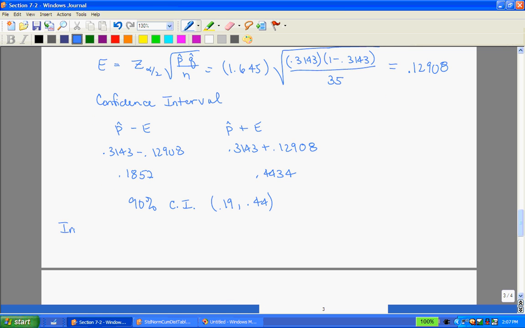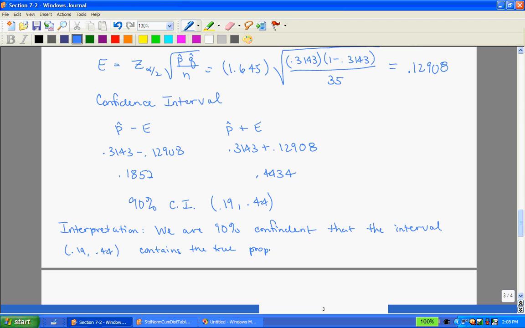So my interpretation: we are 90% confident that the interval 0.19 to 0.44 contains the true proportion of households who pretend not to be home on Halloween.